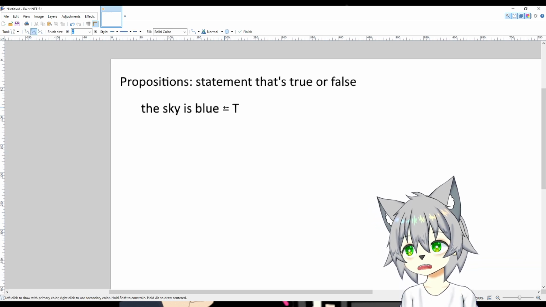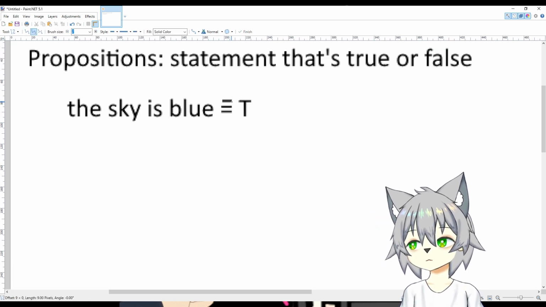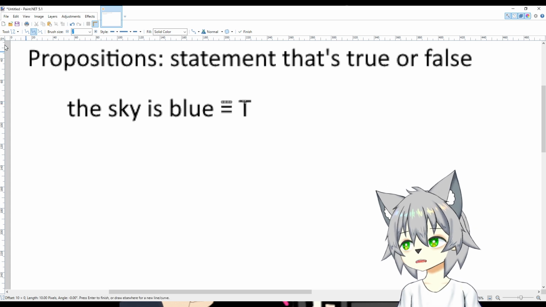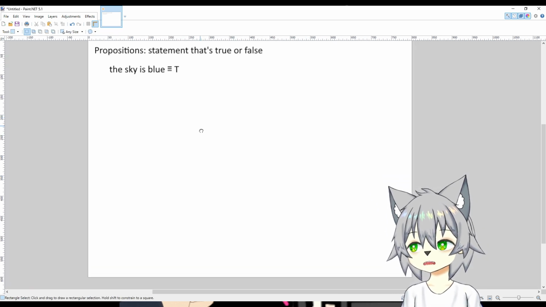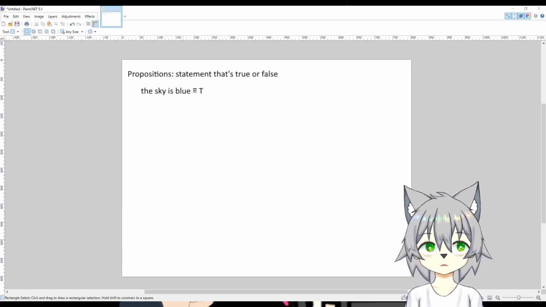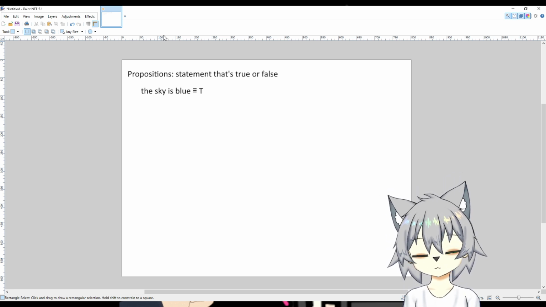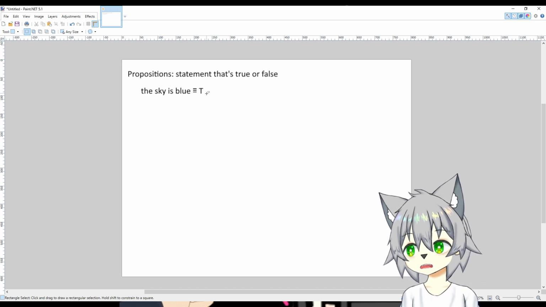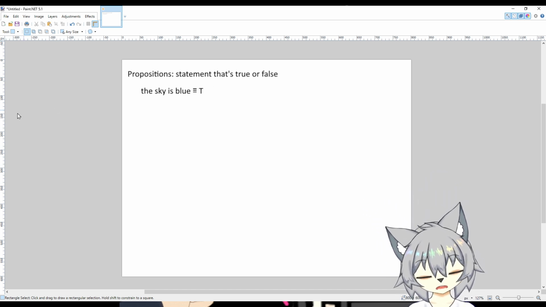But of course, we actually have a unique symbol for this. When it comes to logic here, we use 3 lines to indicate equivalence between truth values and stuff like that.